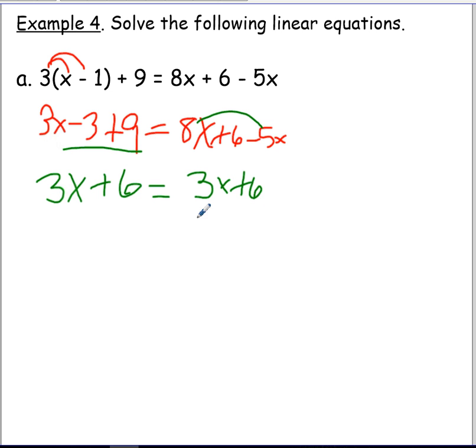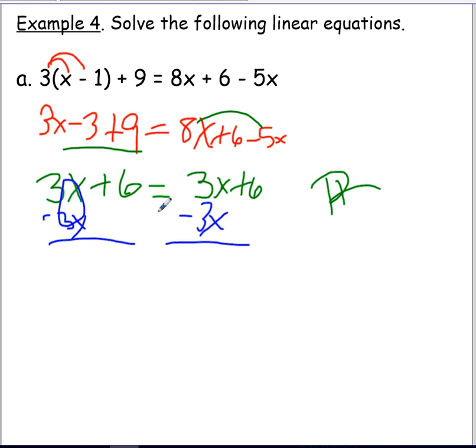So notice that both sides are the same. So that means we're going to get all real numbers. If we continue working it out, let's say we wanted to move all our x's over to one side, we would subtract 3x from both sides. And when we want to simplify that, we would zero out both x's because 3x minus 3x is 0 for both sides. And then we're left with the true statement of 6 equals 6.